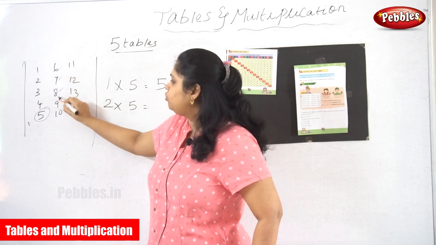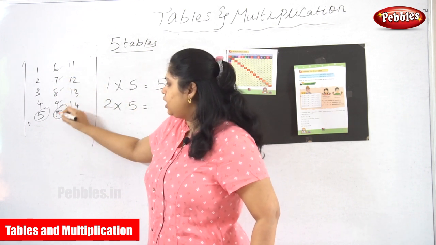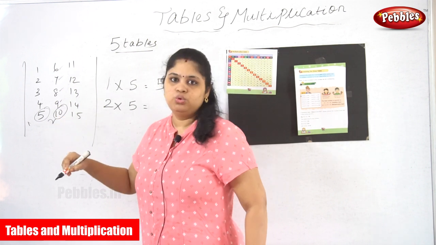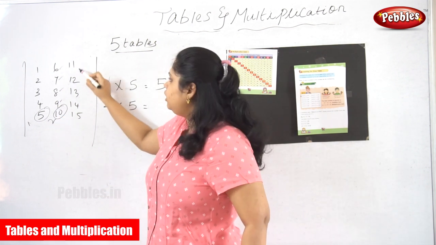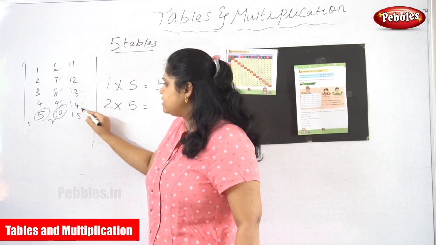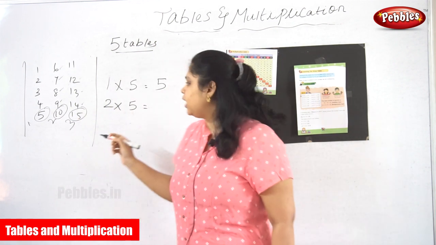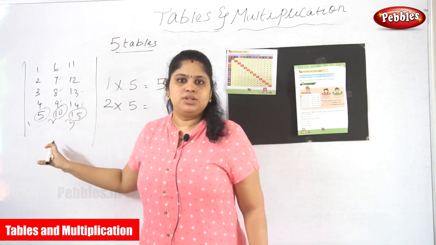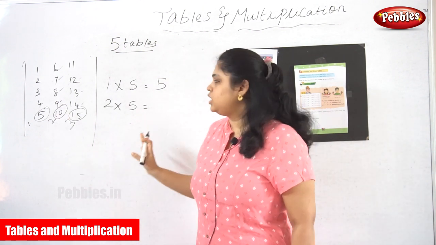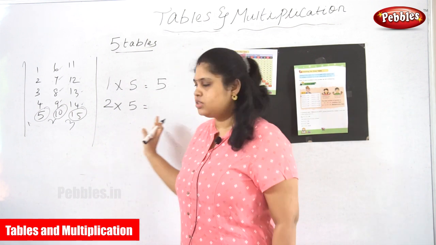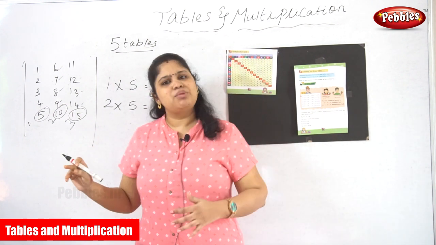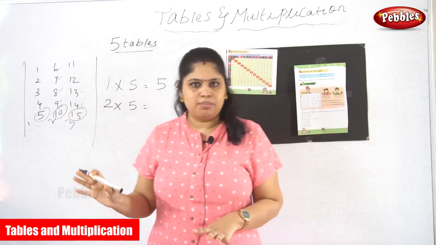1, 2, 3, 4. So what is the fifth number? 10. This is for 2. Okay, next 1, 2, 3, 4, and this is the fifth number. This is for 3. So this is the process behind the 5 tables. We say 1 into 5 is 5, 2 into 5 is 10. This is a number series, just like the 1 to 100 numbers, isn't it?